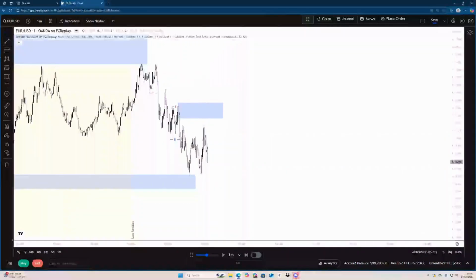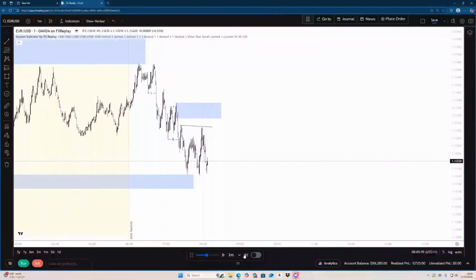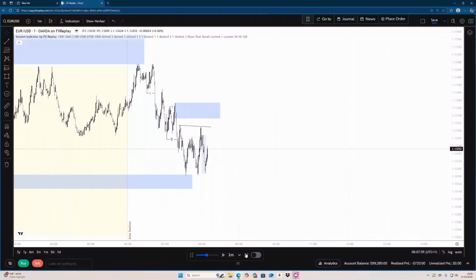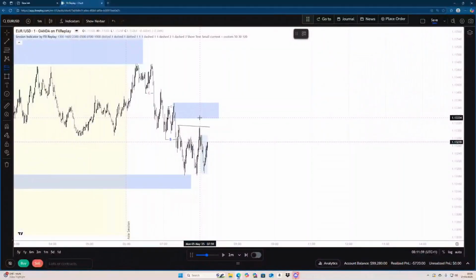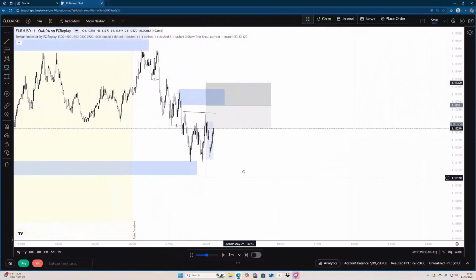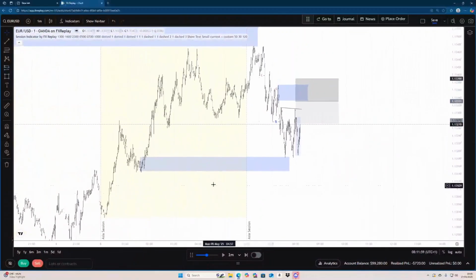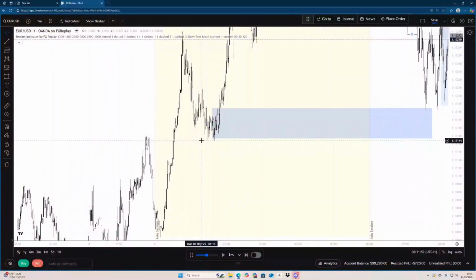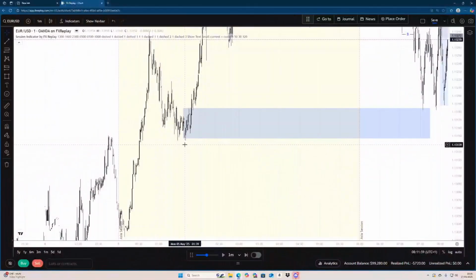So maybe, for example, we get these equal highs, so build up below the supply would be good. Equal lows at the bottom as well. Before I enter this, just want to see this demand in Asia. These FX replay charts are not accurate, so I wouldn't know, but I'm just going to say that's equal lows.